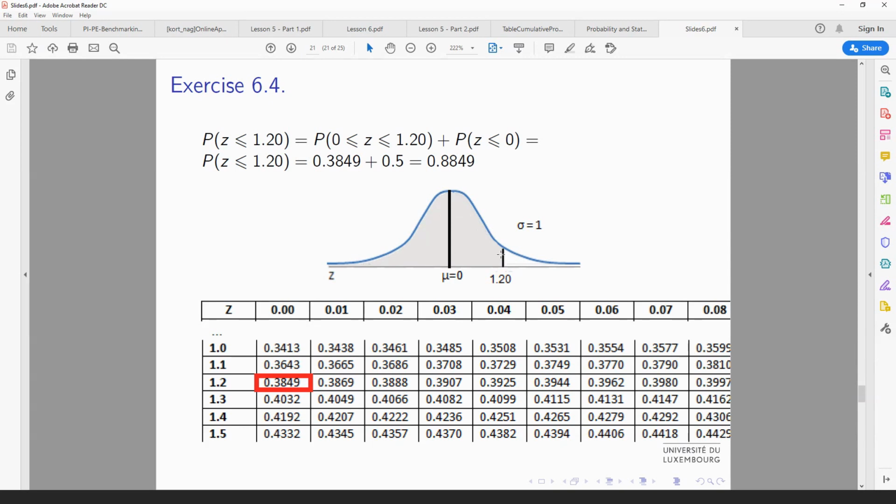This is just because of the configuration of the table you are given, and it's the only reason.